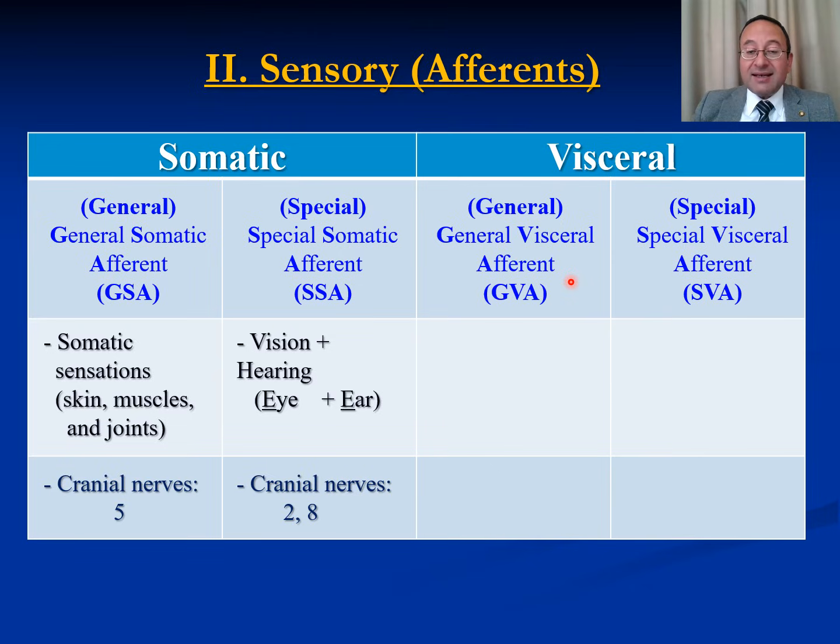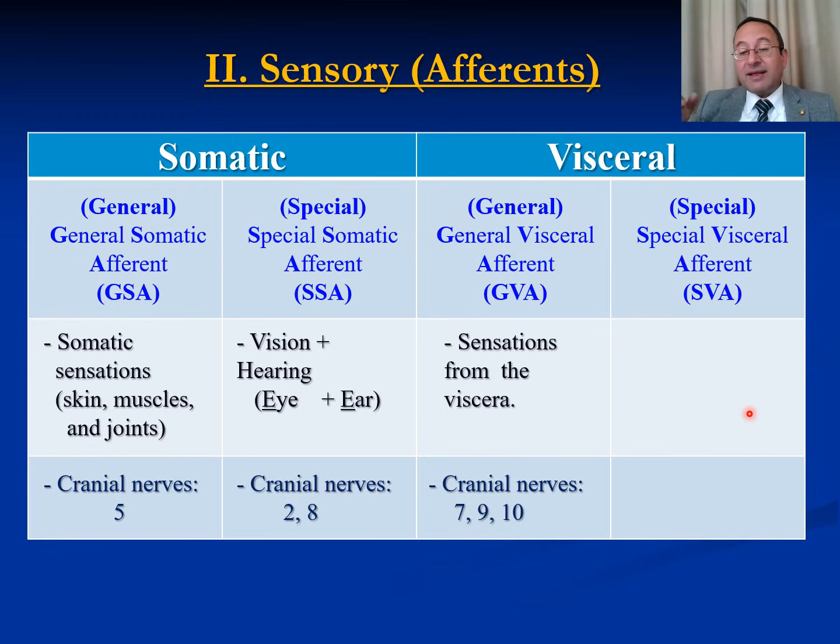General visceral afferents receive sensation from the viscera. It is carried through cranial nerves number 7, 9, and 10. Finally, what about special visceral afferents?